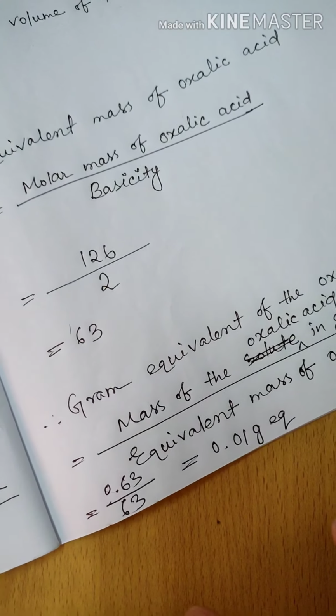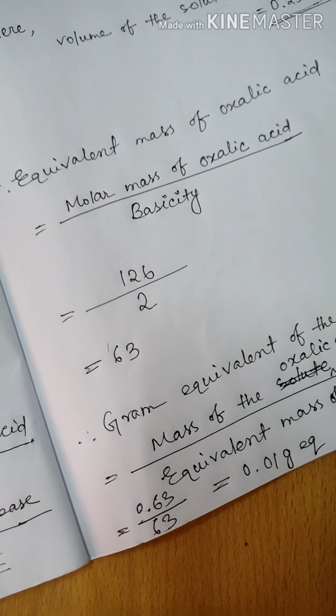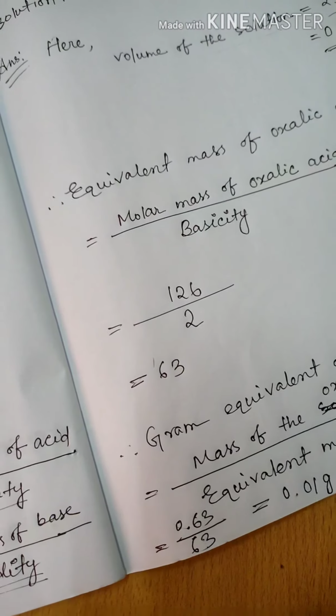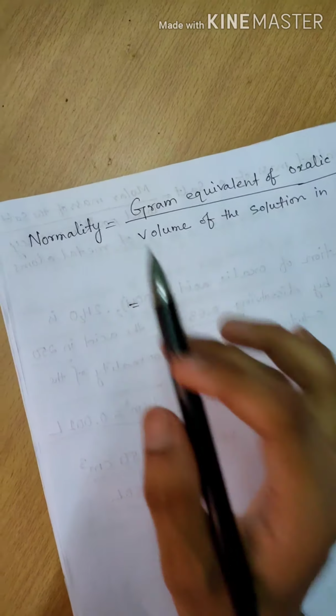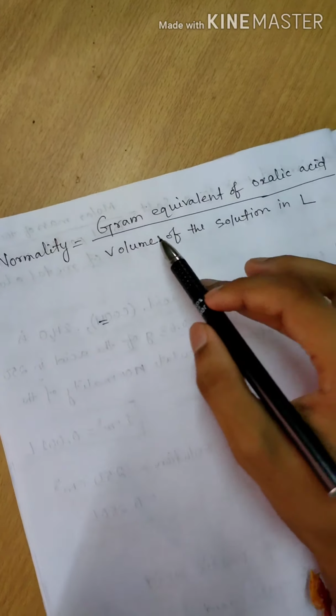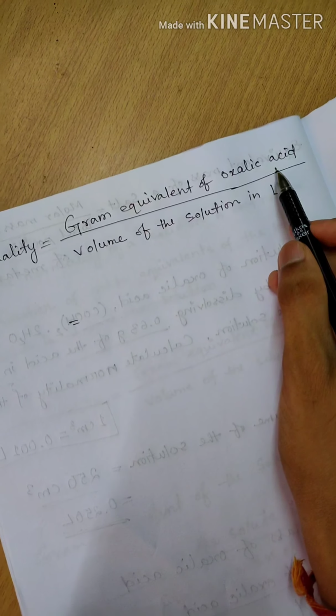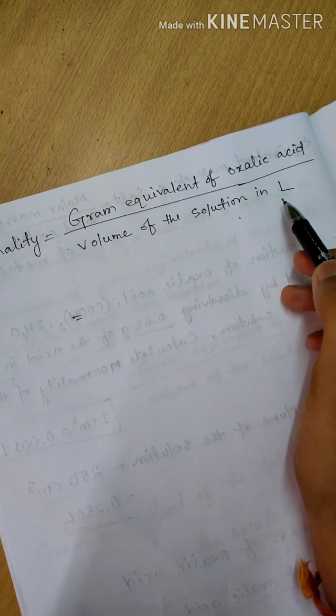Now we shall find the normality of the solution. Our formula was the gram equivalent of the oxalic acid divided by the volume of the solution in liter.